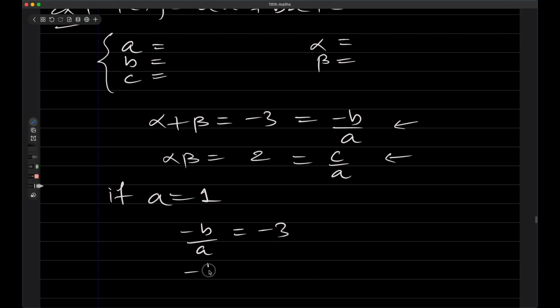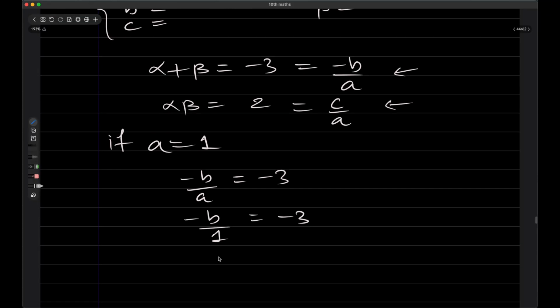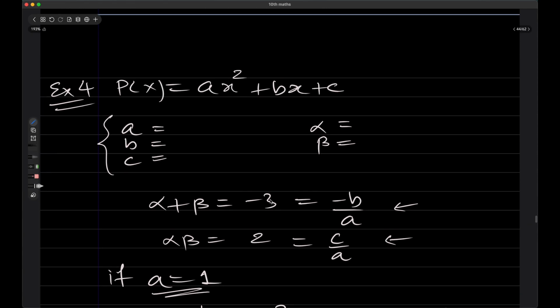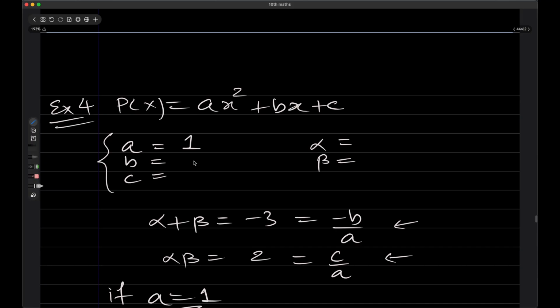If I put a equals to 1, minus b divided by 1 equals to minus 3, that is b equals to 3. And if I put 2 equals to c divided by a, with a equals to 1, I will get c divided by 1, that is c equals to 2. So for a equals to 1, I will get b equals to 3 and c equals to 2.